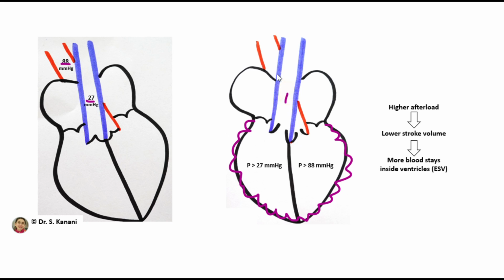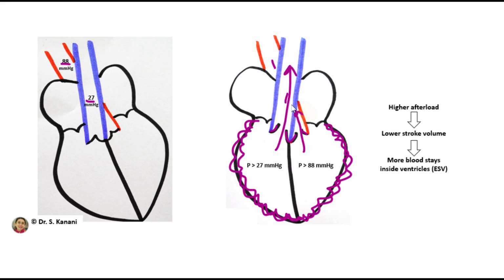Because the pressure inside the pulmonary trunk and aorta is higher than what it's supposed to be, more of the force that ventricles generate in this scenario compared to the previous scenario will be used to open the semilunar valves. We can say in a simple way, semilunar valves are like heavy doors that ventricles must use more energy to open, and as a result, less energy is left for the ventricle to pump blood out.